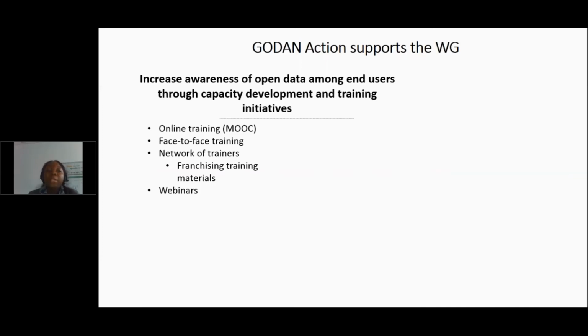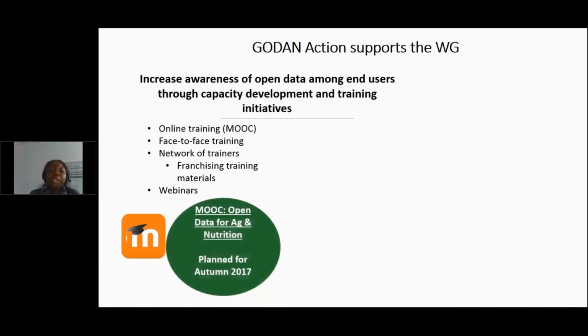Then we are focusing on face-to-face training workshops as well. For the face-to-face workshops, the model that we want to use is the trainer of trainers model, to ensure that some of these skills are cascaded down, to allow organizations who are already engaged in training activities to adopt some of this material and embed it in their training initiatives. And then we also have webinars that are taking place through the GODAN Working Group for Capacity Development.